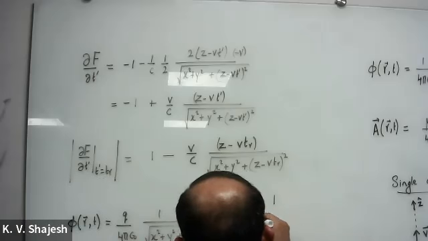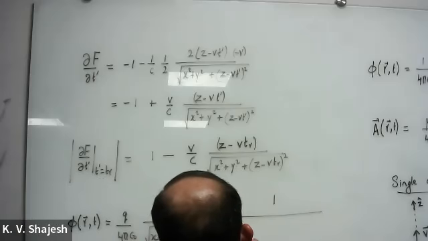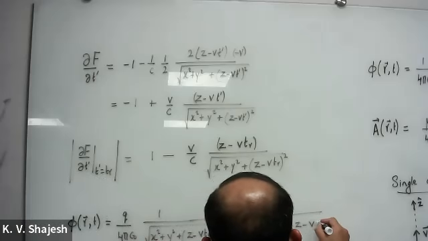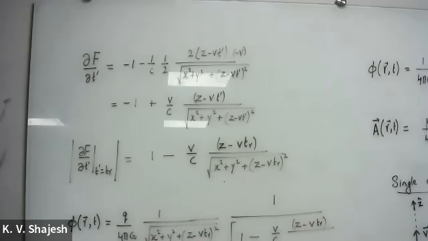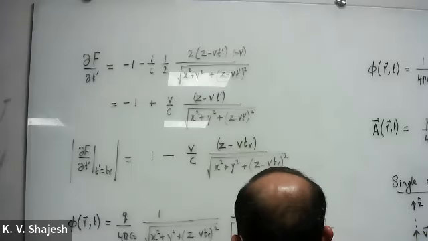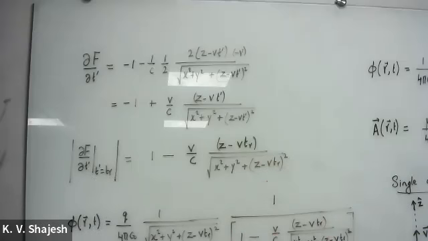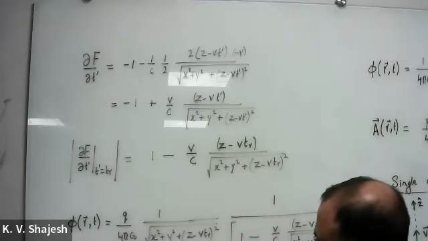So it is 1 over 1 minus v over c times (z minus vtR) over... that's your electric potential due to a point charge, which is moving, and this is your t of r.